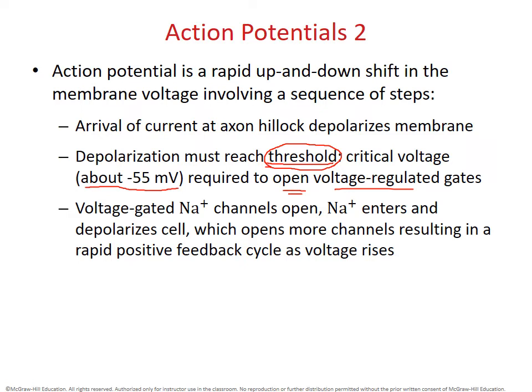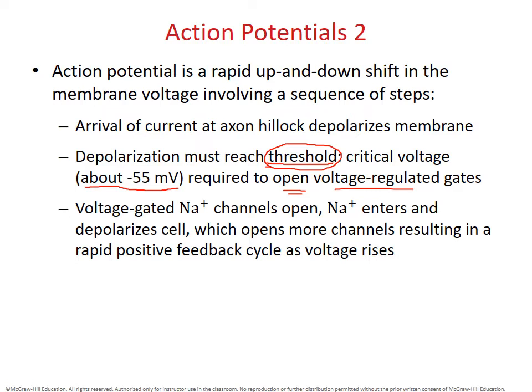Now, I hedge on this a little bit because in different parts of the body, the resting membrane potential may be a little different. It's possible that in some parts of the body, the resting potential of a cell might be minus 90 instead of minus 70. In that case, for a cell whose resting membrane potential is minus 90, the threshold level of depolarization would be about minus 75.